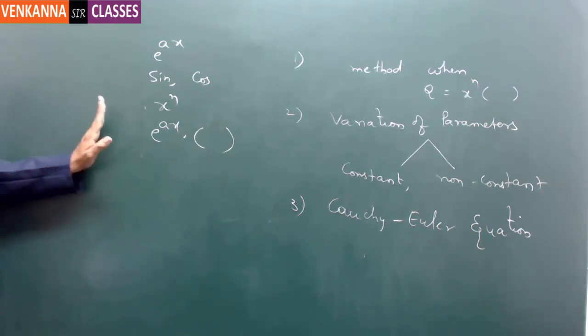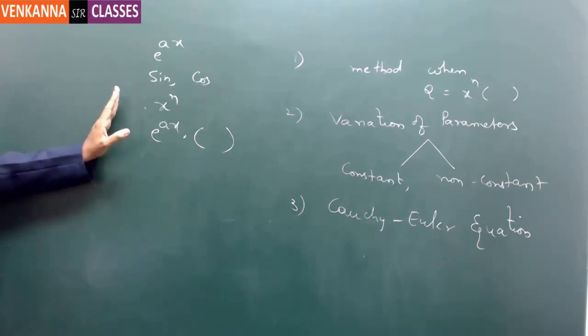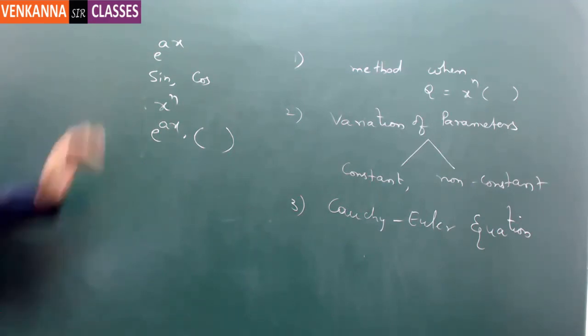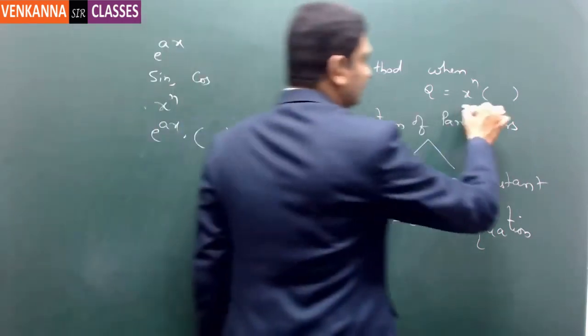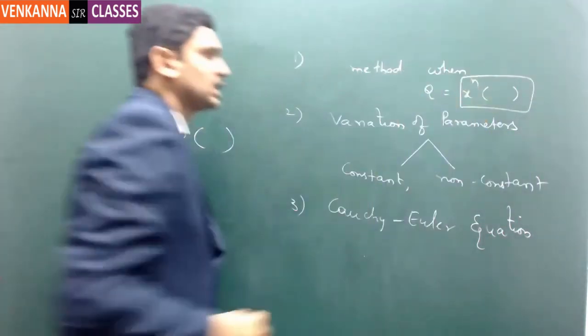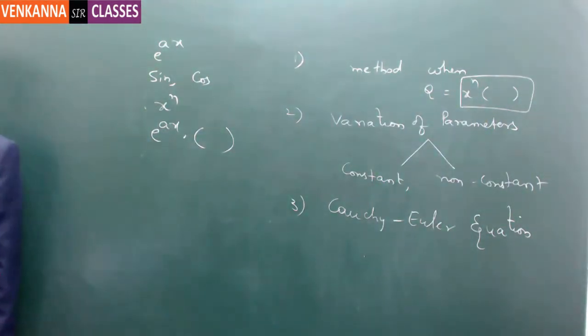So the other method or procedure is when the RHS is of the form x power n into some function, say sine or cos or exponential function or any other. In such cases, how to solve the problem?